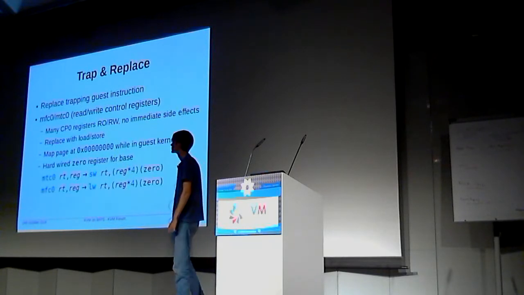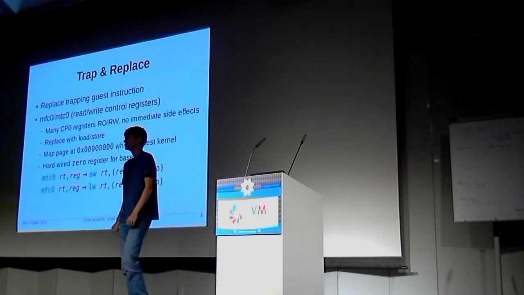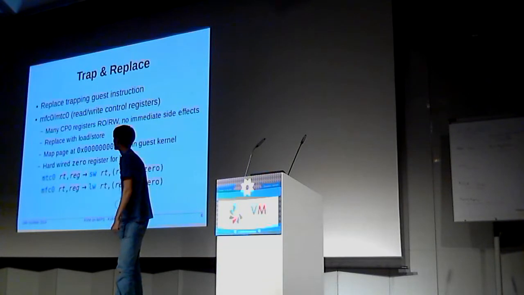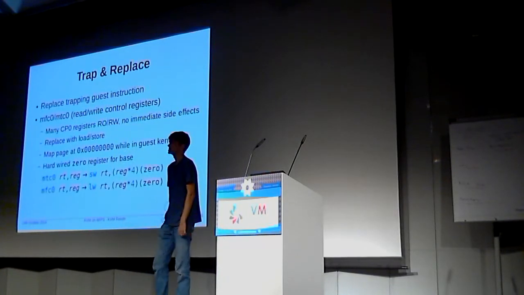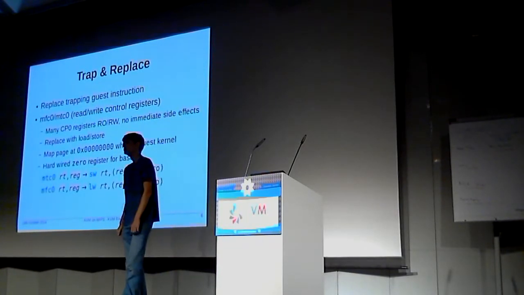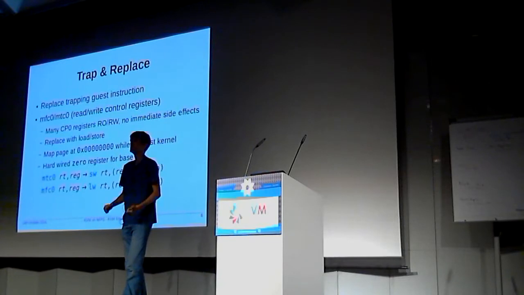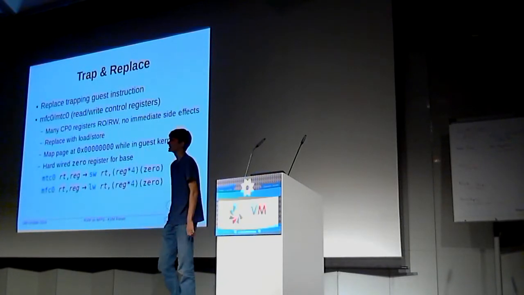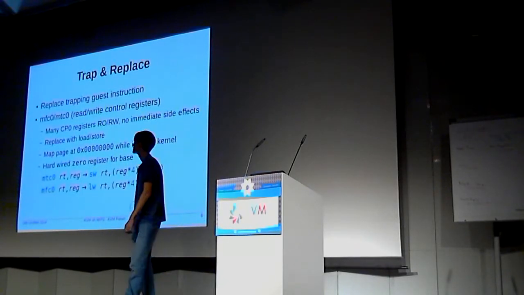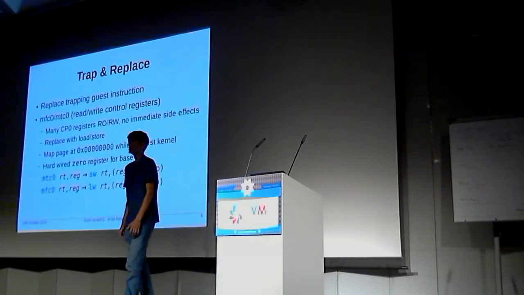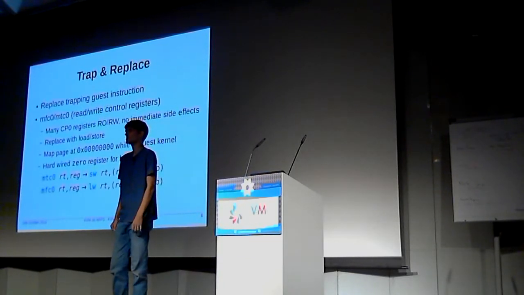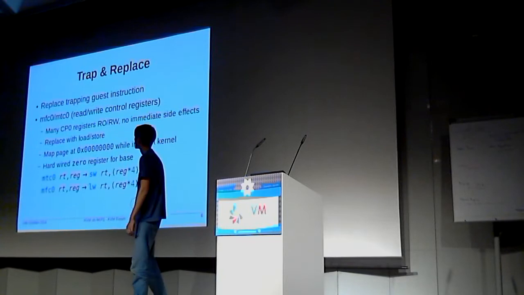And one of the main instructions which does require trapping is the MFC0 and MTC0 instructions. These move a value to or from a control register in the coprocessor 0 block. So they're used for reading and writing control registers, privileged sorts of registers.